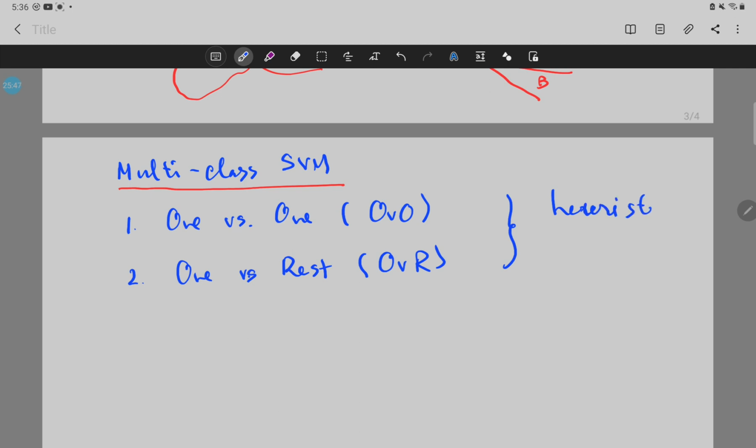Heuristic means it's just rule based. The strategy when they do multi-class SVM is to build many models, and then output some probability values, and then use that for the decision.